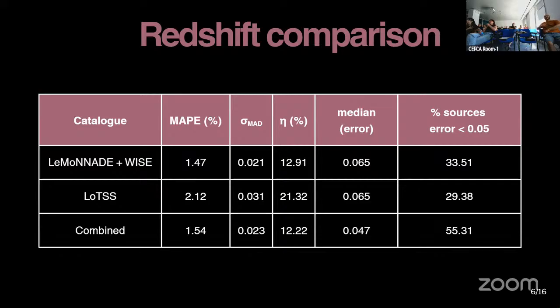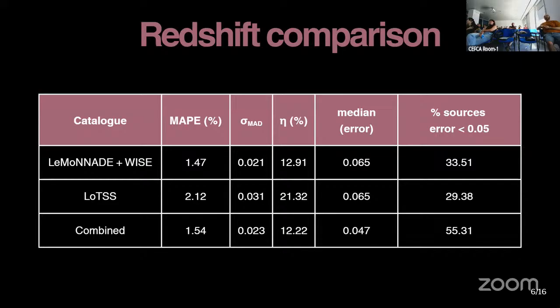But this has to be taken with caution because both Lemon plus WISE and LoTSS rely partly on WISE. So this means that they're not fully independent, and this could lead to an underestimation of the errors. But because we are interested in the central values and these Lemon plus WISE redshifts are the most precise of these three, we're going to take this for the rest of our work.